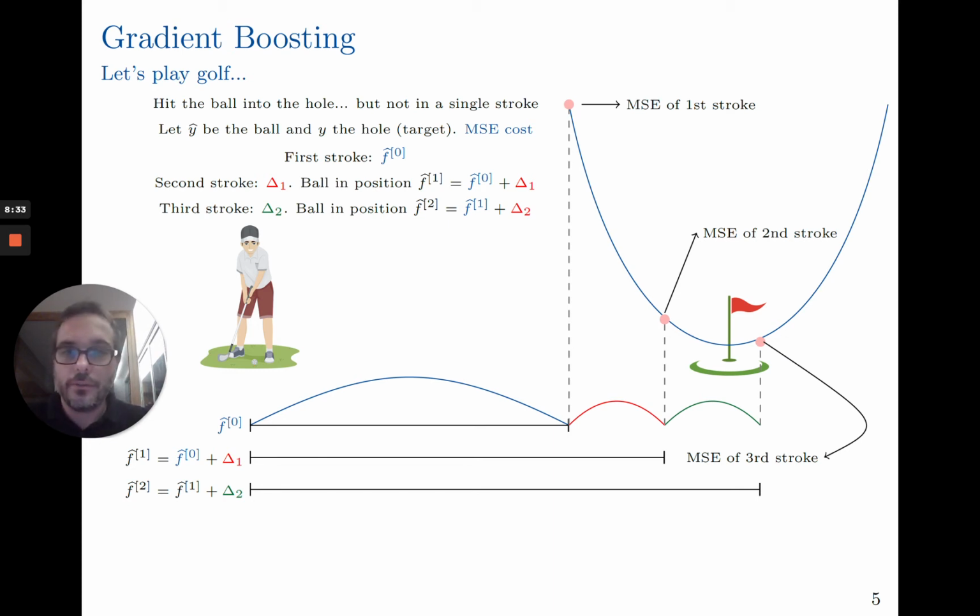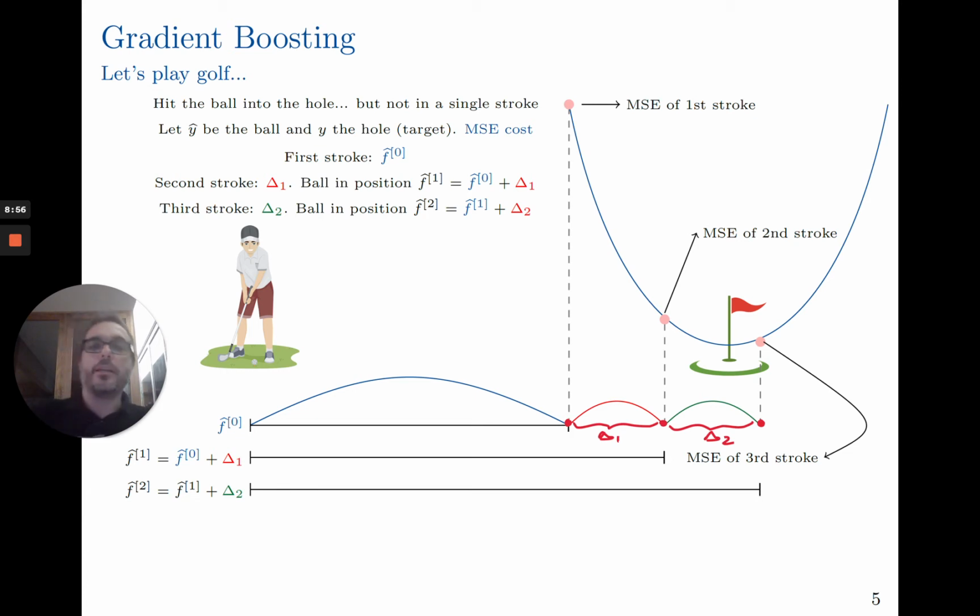You were here and then you move to here. So the first ball you were here, the second ball you were here. You hit the ball again and then you reach this point here. So as I mentioned, this is delta 1, this is delta 2. Okay? That was the third stroke.